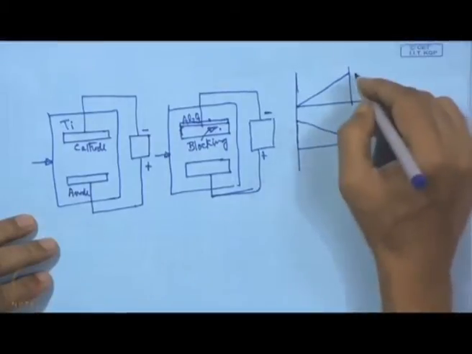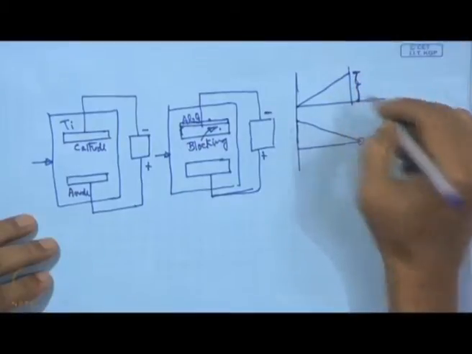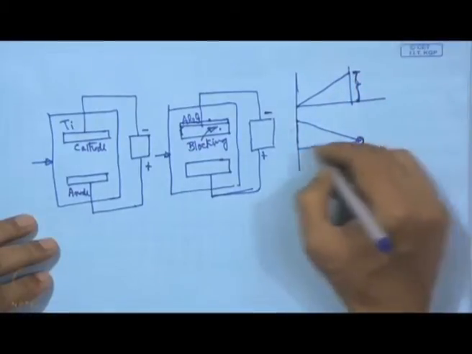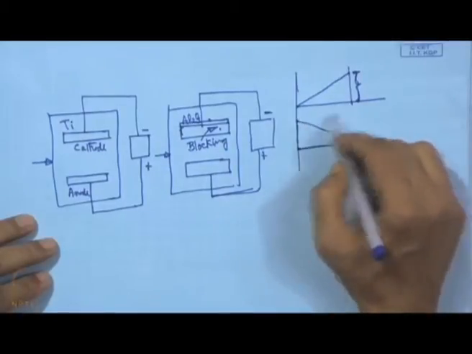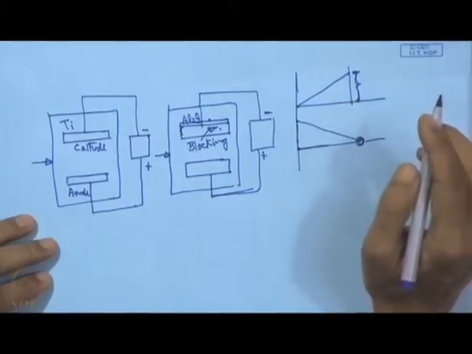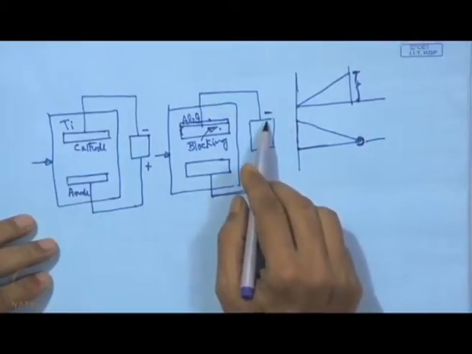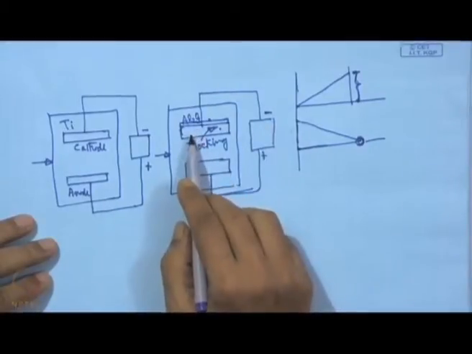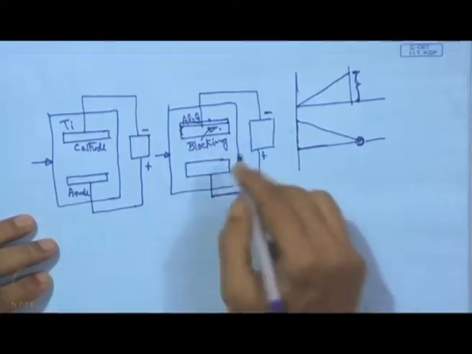So, this will be the limit, where the charging current has come to 0, and after that there will be no further charging. This is what happens when we apply a DC against a non-conducting electrode.